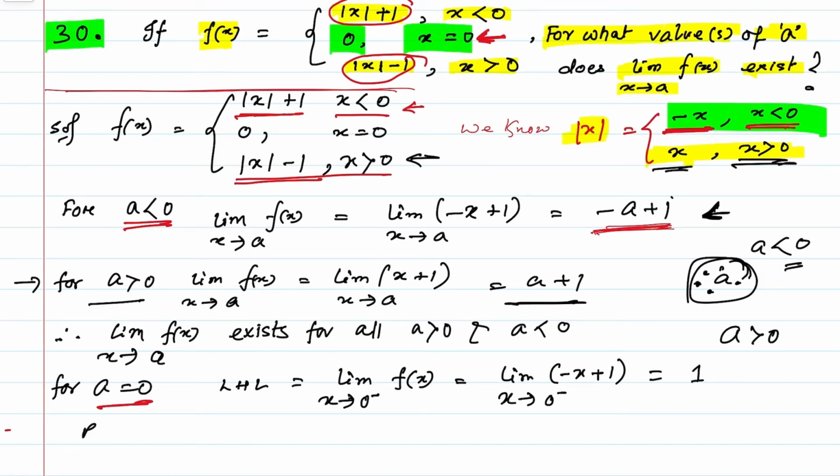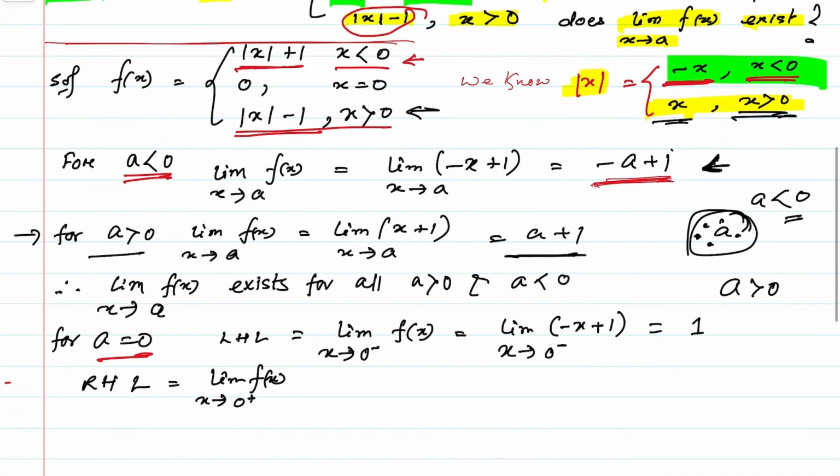Now let's find the right hand limit. Limit of f of x as x tends to 0 positive. So let me scroll up the page. 0 positive means it is slightly greater than 0, so we have to move towards the right hand side of the value 0. For this it is mod of x minus 1.